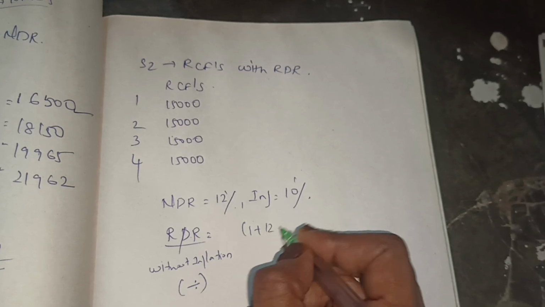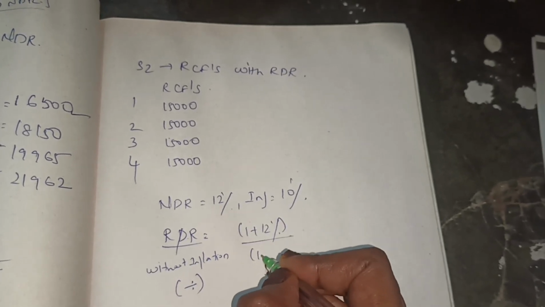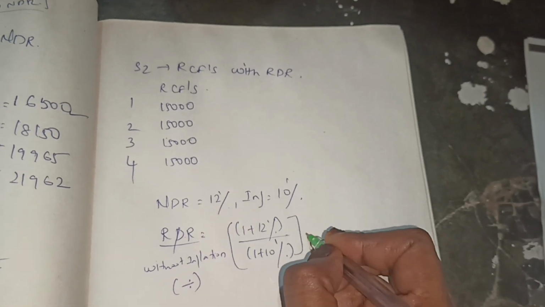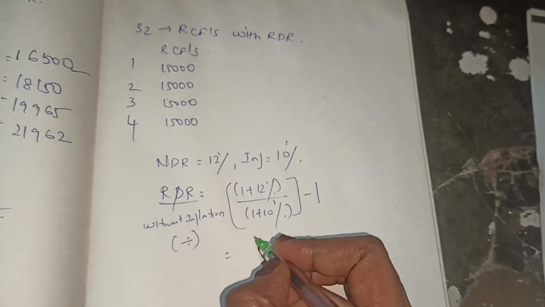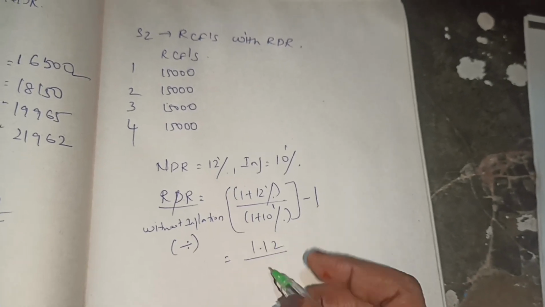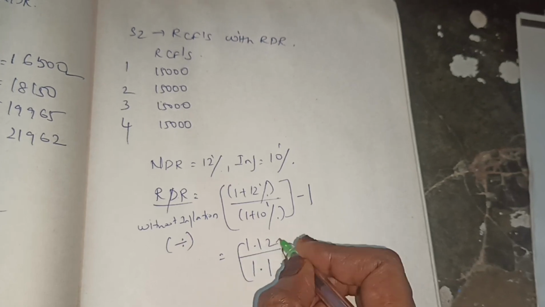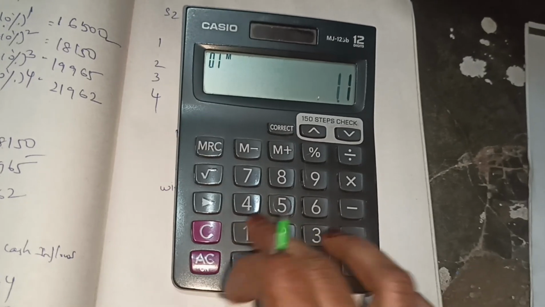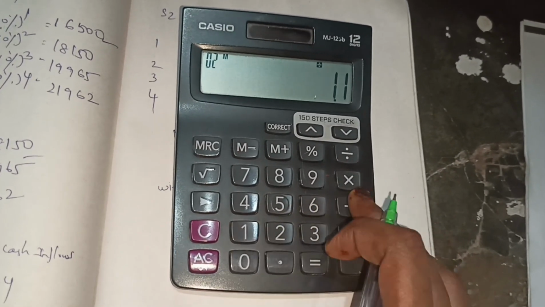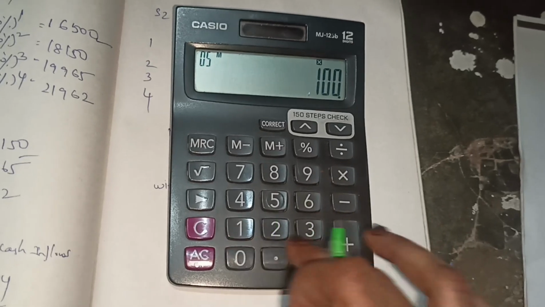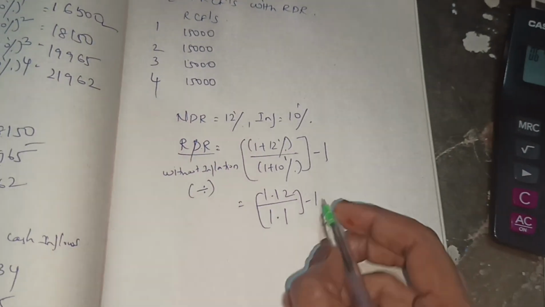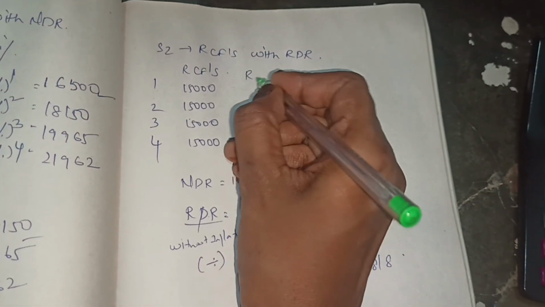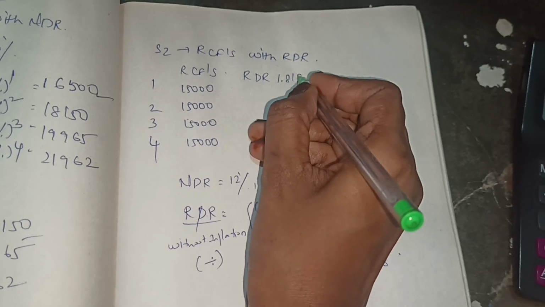So 1 plus nominal discounting rate divided by 1 plus inflation, minus 1. 1 plus 12% will be 1.12, divided by 1 plus 10% will be 1.1, minus 1, into 100. 1.818. So real discounting rate is 1.818%.